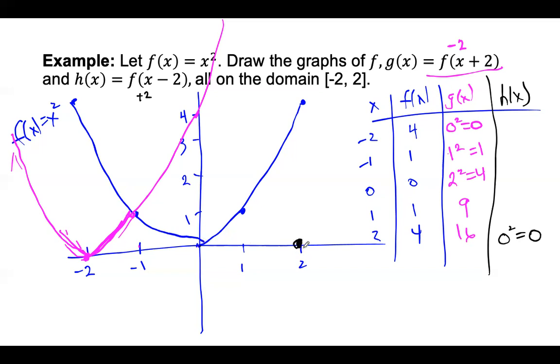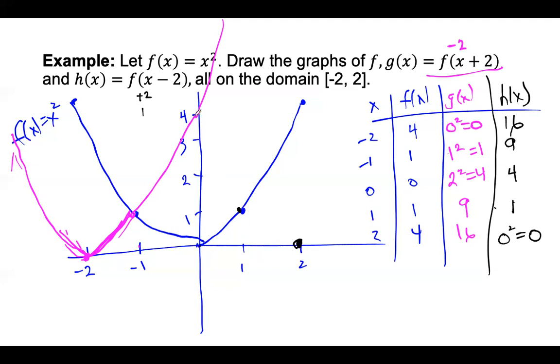So you see it shifts the opposite way of what you might see in the formula. At 1, you have 1 minus 2, which is -1, squared, so you get 1. And then you can do the rest. I'll just write them out for you. At 1, you get 1.